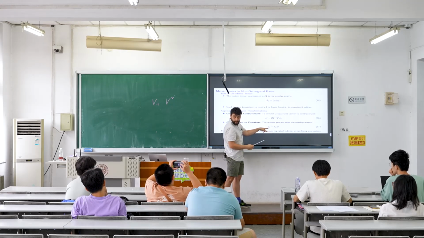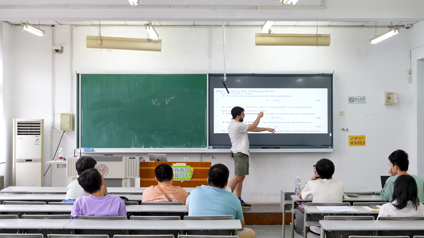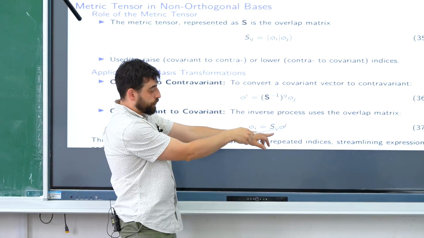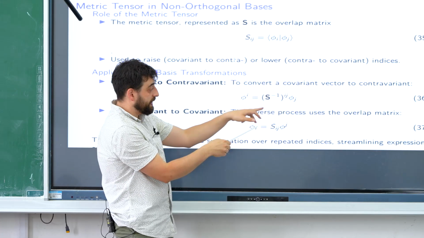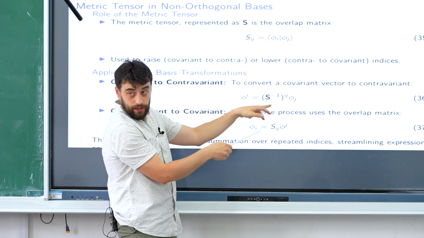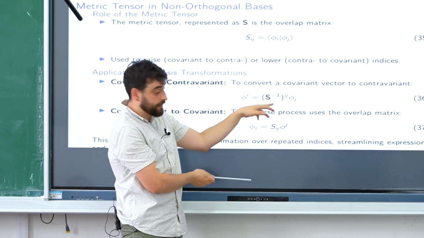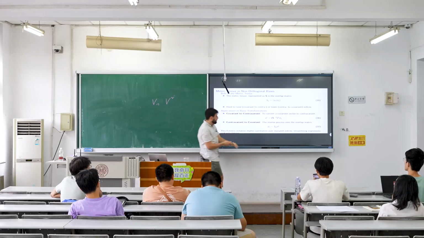If I take a contravariant vector and multiply by the overlap, the metric tensor, this transforms this contravariant tensor to a covariant tensor. Equally, if I take the inverse, this is the dual metric, which transforms a covariant tensor into a contravariant tensor.